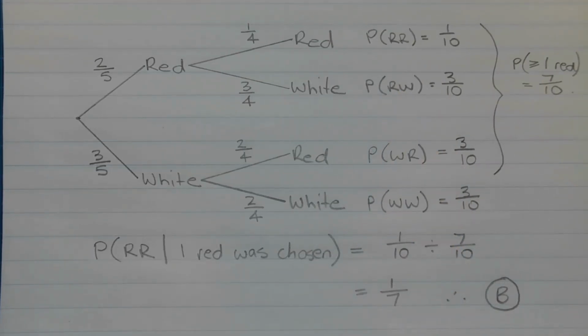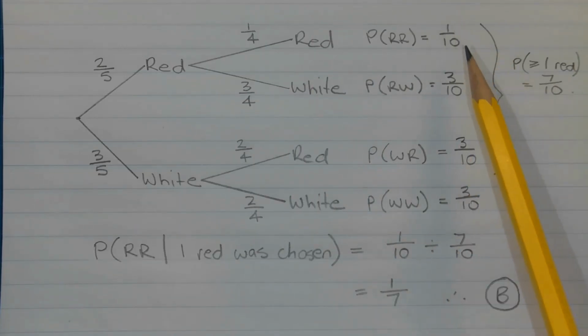Now, if one red marble was chosen, we want to find the probability that the other marble chosen was also red. So in other words, we want the probability of red red given that the white white outcome did not happen. And the way we work that out is we take the probability of red red and then divide it by the probabilities of the three outcomes that involve at least one red marble.